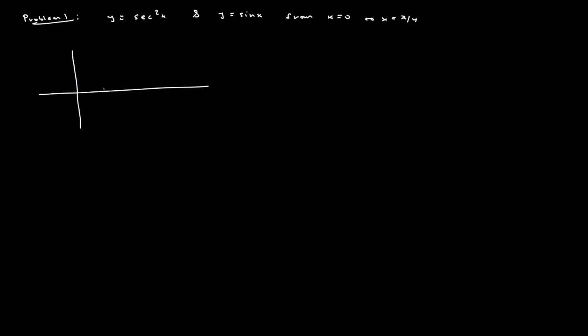So let me first grab sine x. We'll call this pi over 4, and we'll call this pi over 2. At pi over 2, it takes on the value of 1, and then we'll just have this arc right here. Now, secant squared x is the same thing as 1 over cosine squared x.